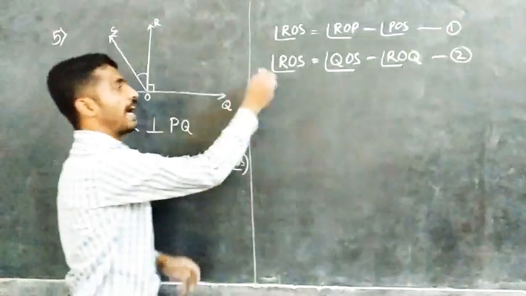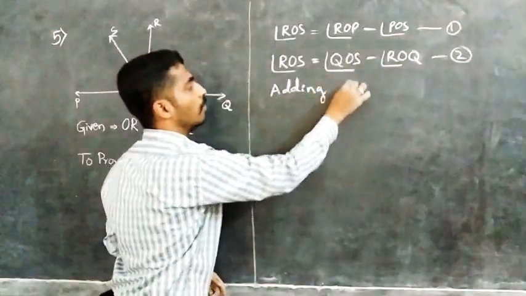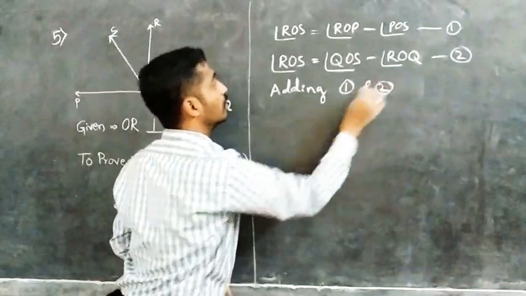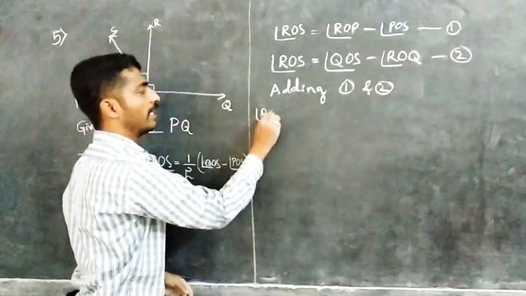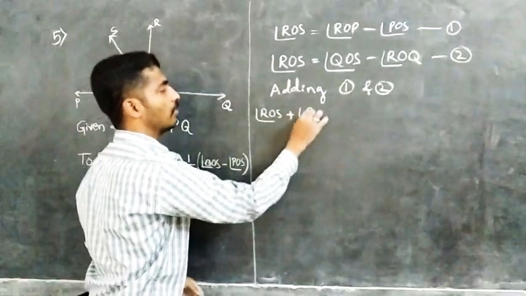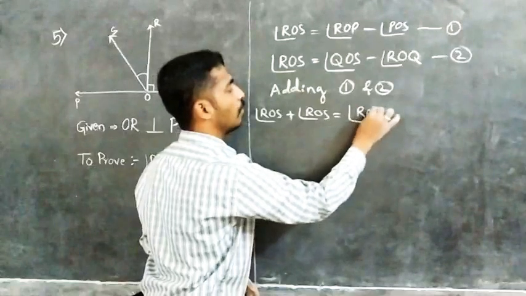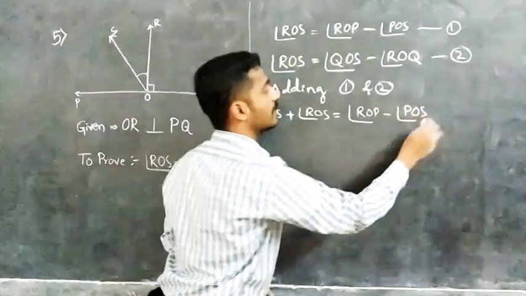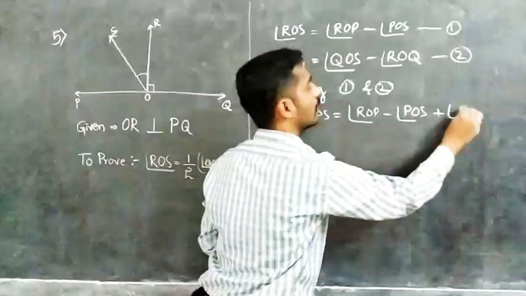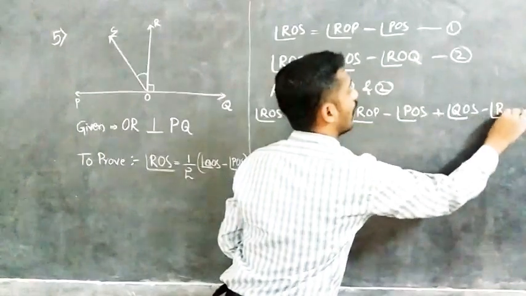So adding 1 and 2, here ROS plus ROS gives us ROP minus POS plus QOS minus ROQ.